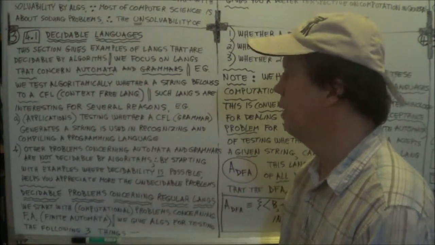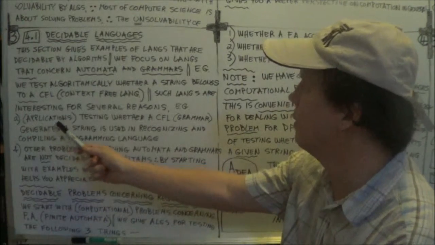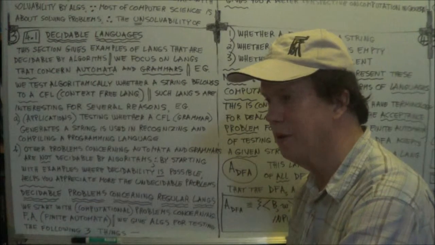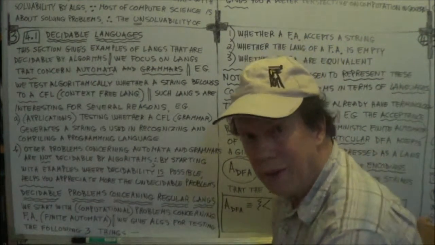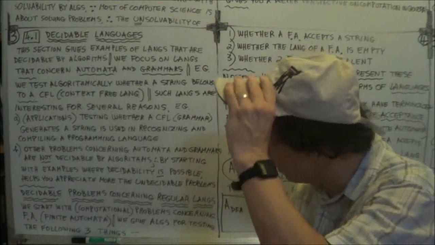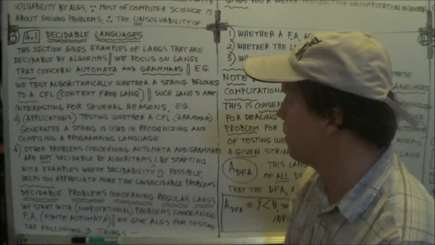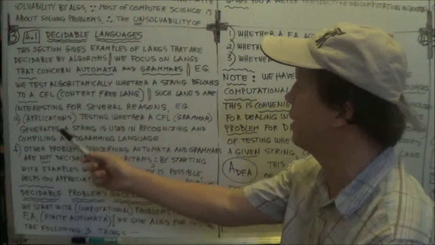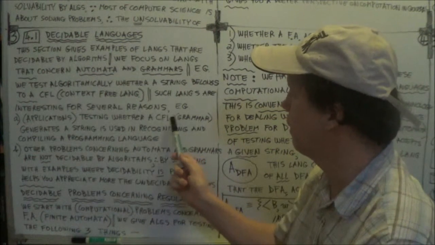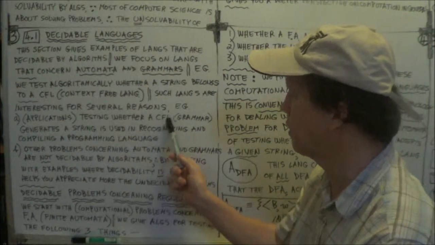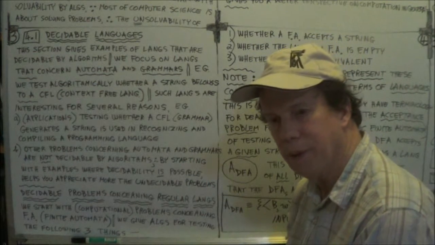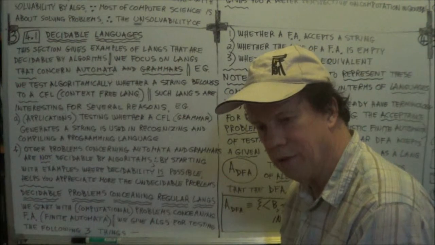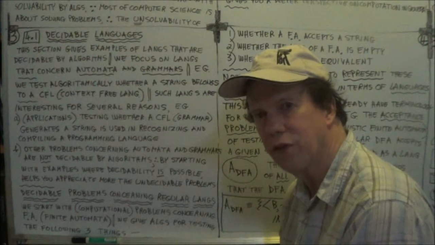Now, why do such a thing? Well, several reasons. One, it's very useful. There are applications where this is done, for example, in compilers. We talked a lot about compilers, so I won't go into that again. You want to know if a particular string can be generated by a given grammar. Remember, a context-free language is the set of all strings that can be generated by a CFG, a context-free grammar.